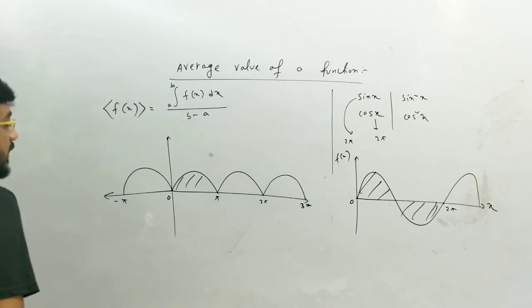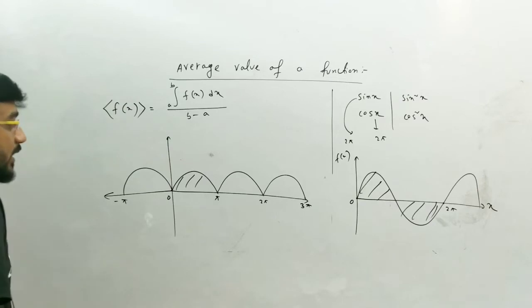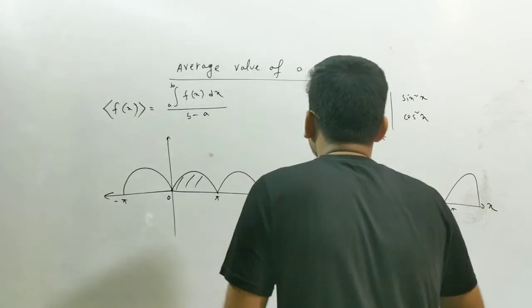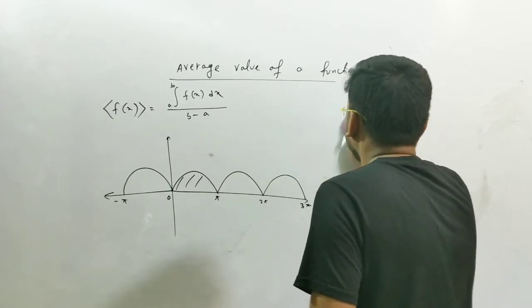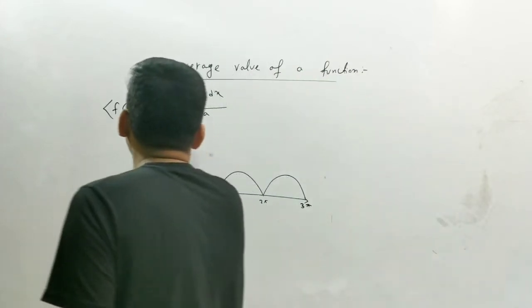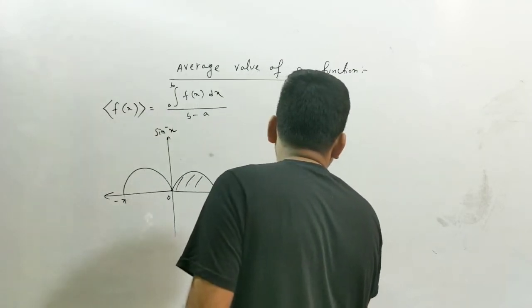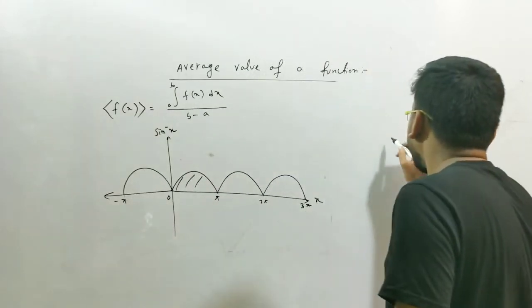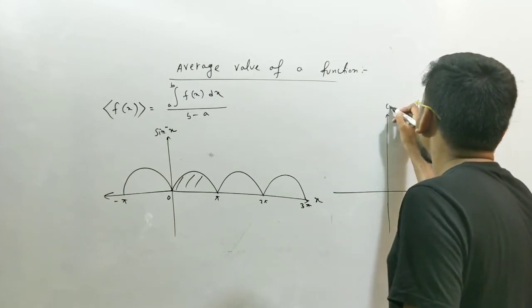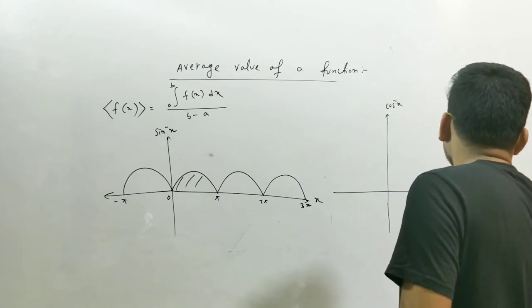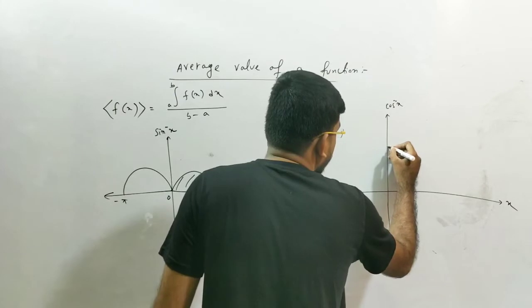So if you want to find out the average value of this function, another thing you can see is, if you draw the graph of sin square x versus x, and also the graph of cos square x versus x, then you will get this kind of situation.